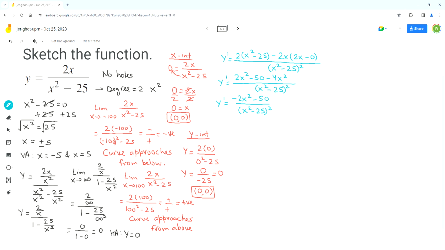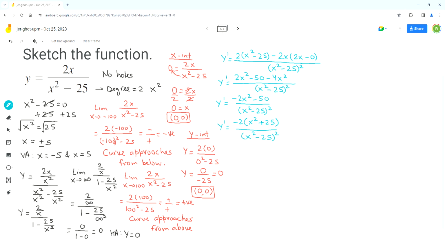Now we can factor out a negative 2 in the numerator. So we get y prime equals negative 2 times (x squared plus 25) over (x squared minus 25) squared. So this is the expression for y prime.